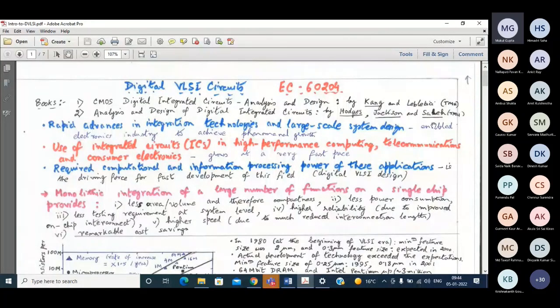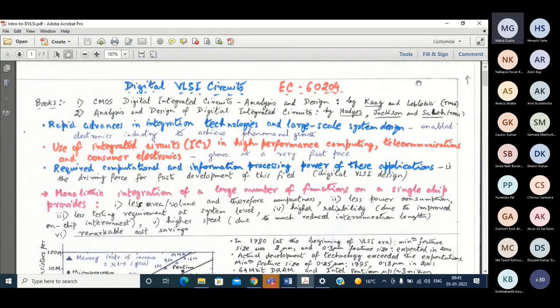Now, why do you study this field, digital VLSI circuits? In fact, integration technology is progressing by leaps and bounds, and system design is also done by the hierarchical approach. We can now design very complex systems, and at several levels of abstraction we can look into this.